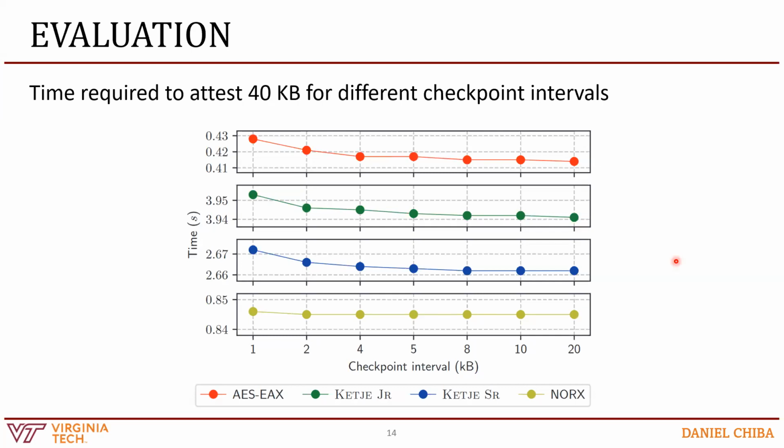However, one thing to note is that if you set your checkpoint interval to be very high, when you lose power and you start back up again, that computation interval is going to be much longer, which means each time your device restarts, it's going to have to do a lot more computation.